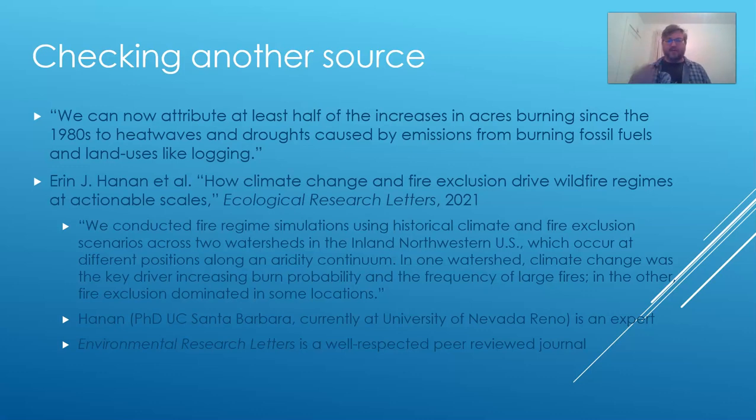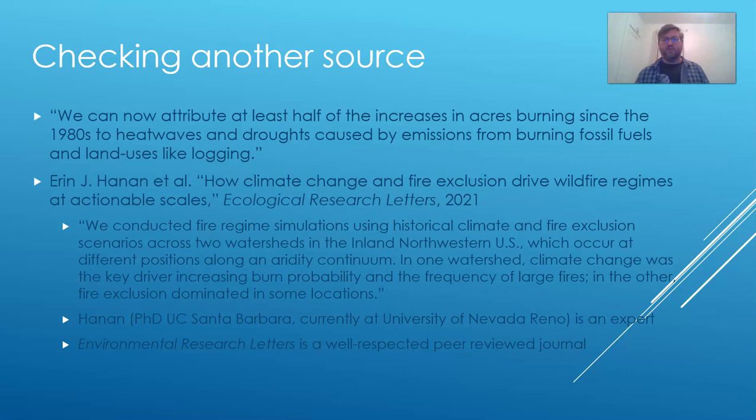So this article says, we conducted fire regime simulations using historical climate and fire exclusion scenarios across two watersheds in the inland northwestern United States, which occur at different positions along an aridity continuum. In one watershed, climate change was the key driver, increasing burn probability and the frequency of large fires. In the other, fire exclusion dominated in some locations. So here we're seeing a claim that climate change matters in some places, but not as much in others.